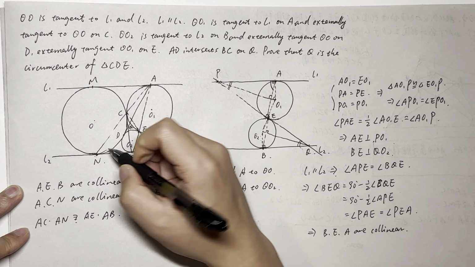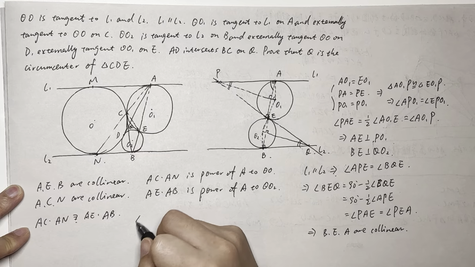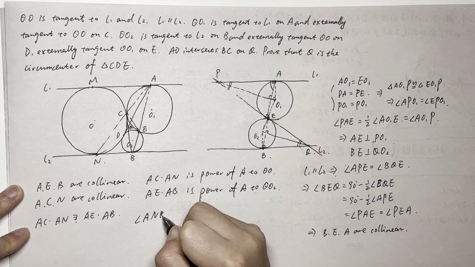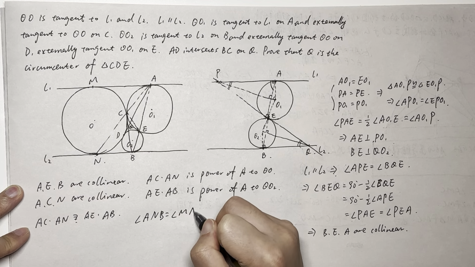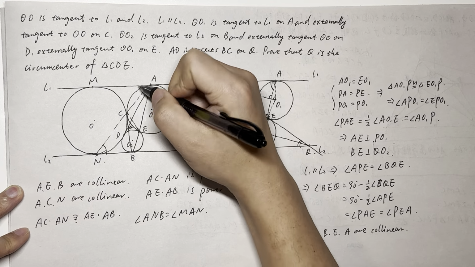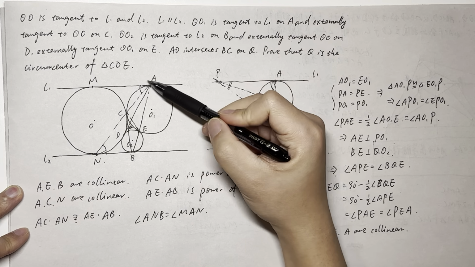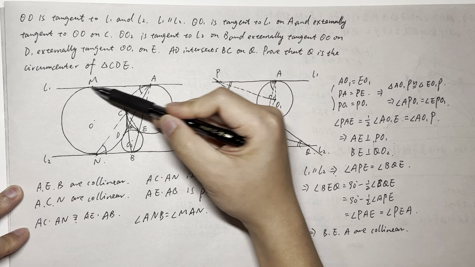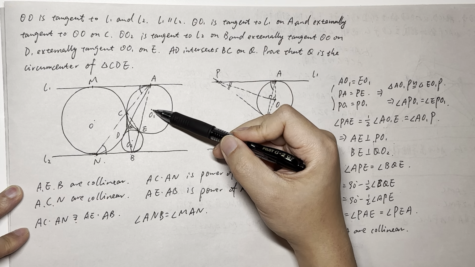This is very easy because angle ANB equals angle MAN. And we already know that MA is a tangent line of circle O1.